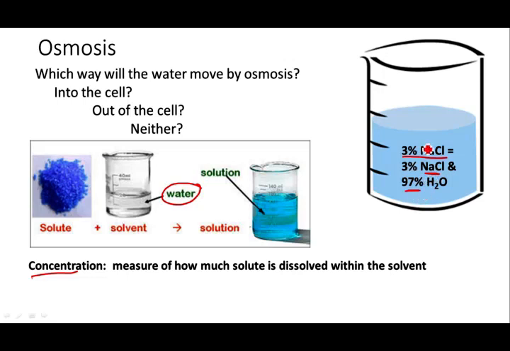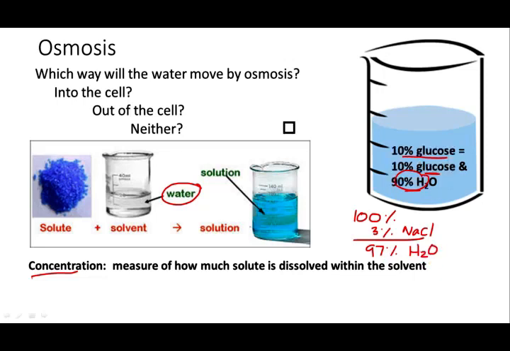It usually doesn't tell you that it's a 97% water solution. It'll tell you it's a 3% sodium chloride solution, and you have to fill in that the rest is 97%. Of course, just in case, I have to spell it out: the whole solution will be 100%, and if 3% is sodium chloride, then the rest will be water.